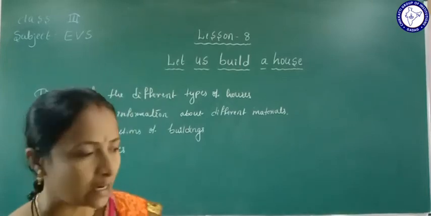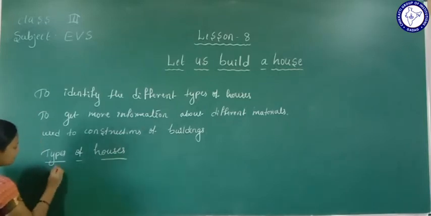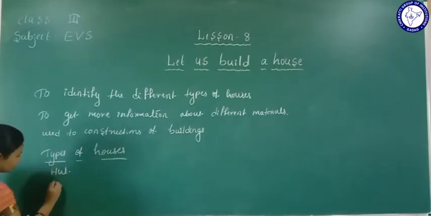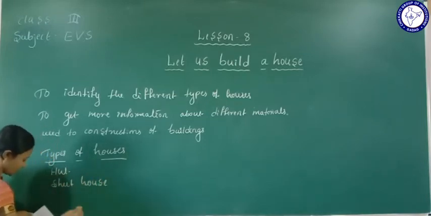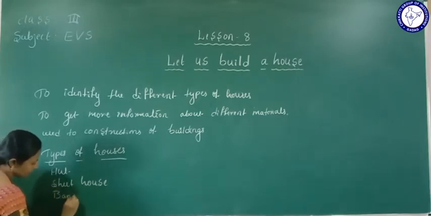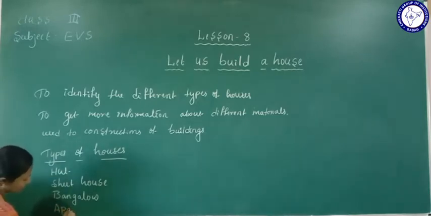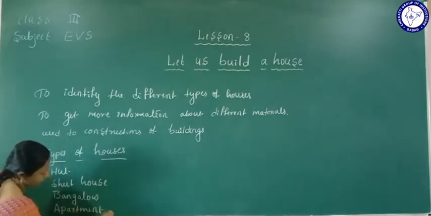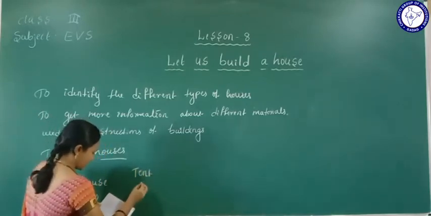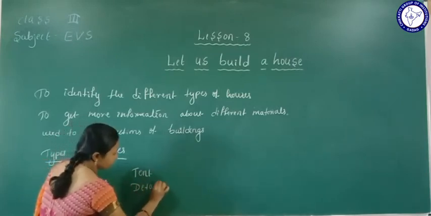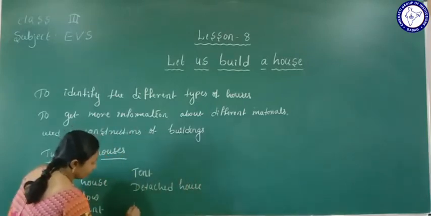See here, I will write all these houses. First one, hut. Second one, sheet house. Third one, bungalow, apartment, and next one tent, detached house, and farmhouse.